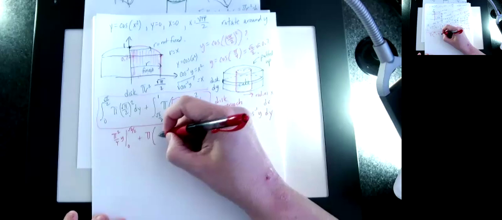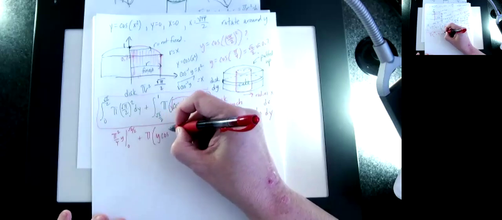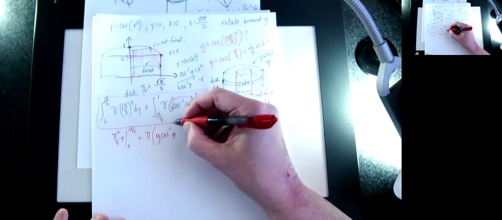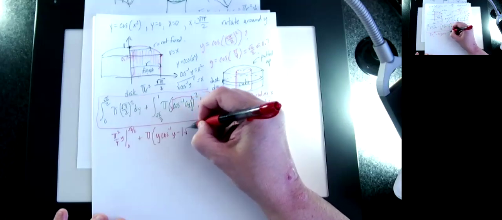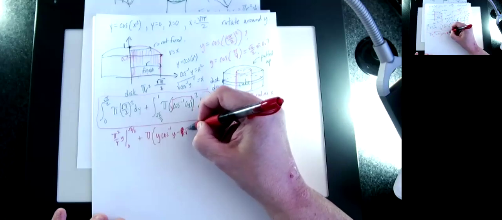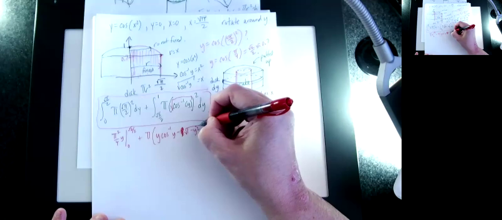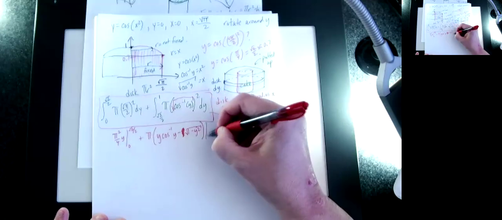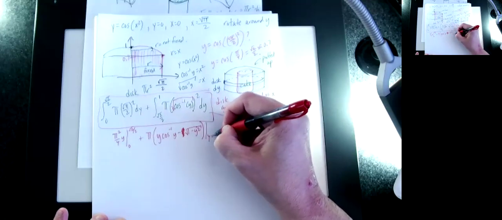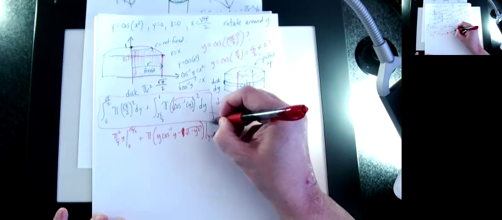And if you pull this from a table, we get y cosine inverse y minus square root of 1 minus y squared. Evaluated from y equals root 2 over 2 to 1.